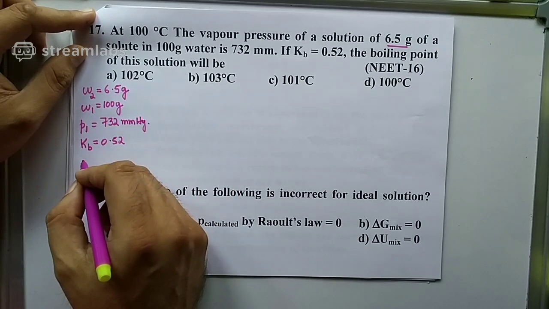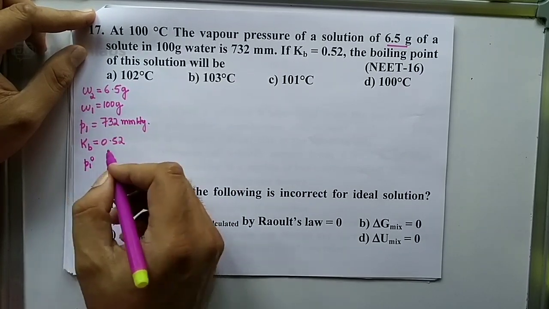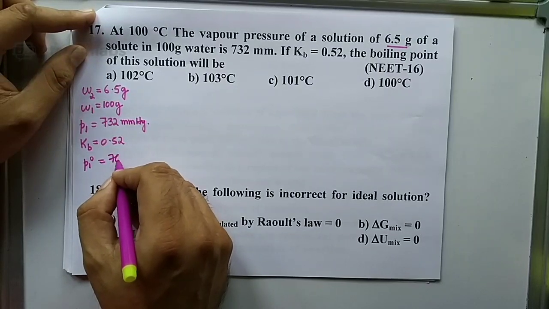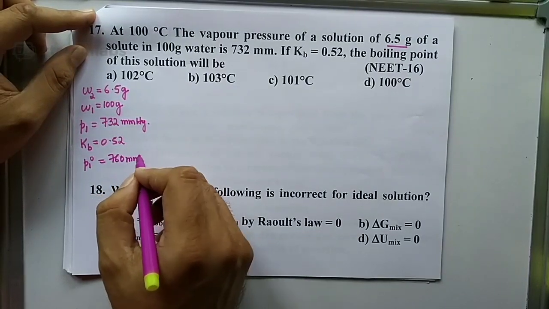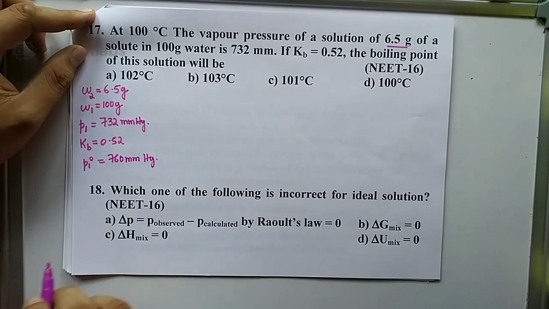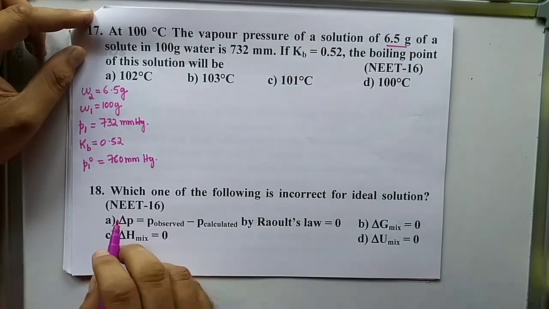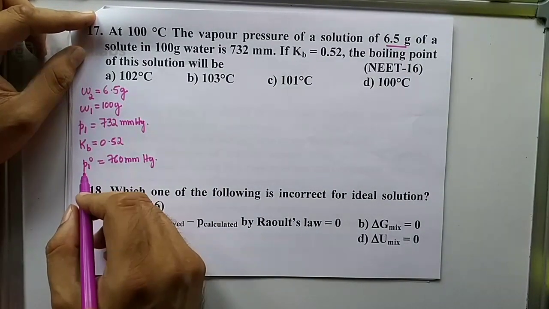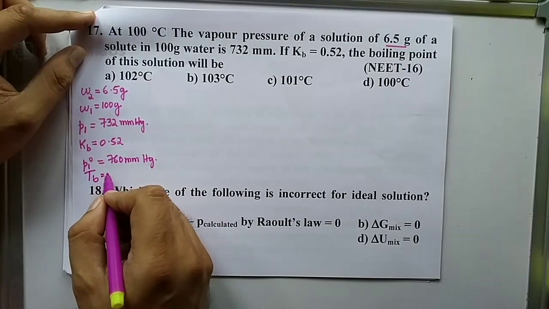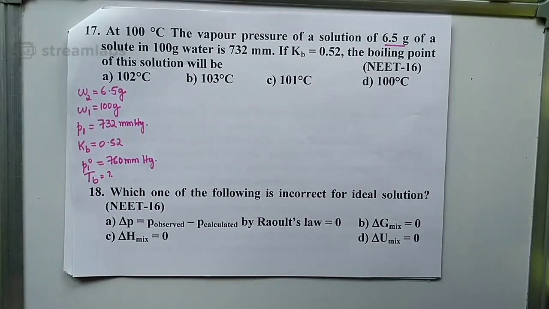Since it is 100 degrees, you should know P1 naught. P1 naught is equal to 760 millimeter of mercury. What we need to calculate is the boiling point of this solution, TB is equal to question mark. Now you need to connect the two colligative properties.